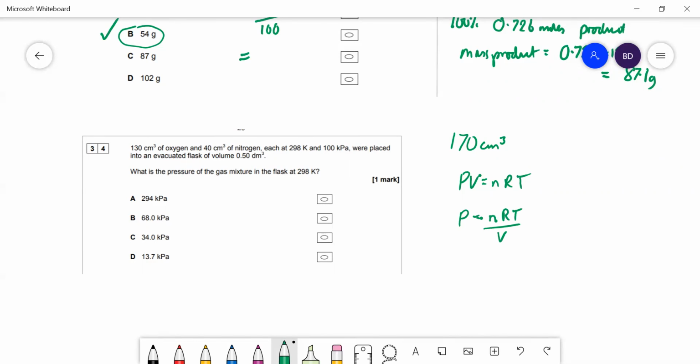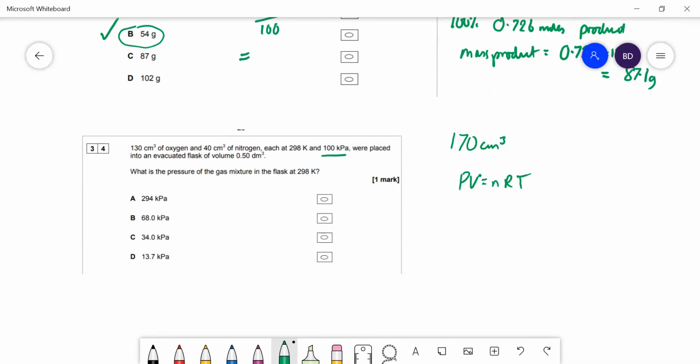Sorry, that's what we need to find out. They're both at 100 kilopascals. It's an evacuated flask.